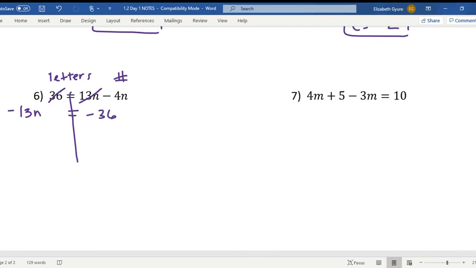And then Mason, what about for the negative 4N? What do you think, Mason, for the negative 4N? Should I move it? Should I leave it there? What kind of 4N?